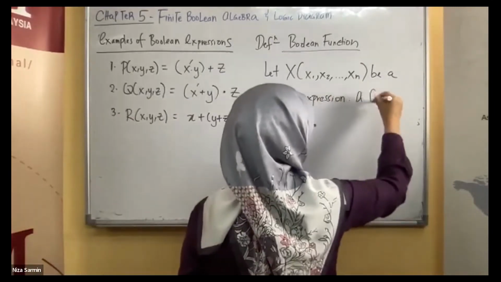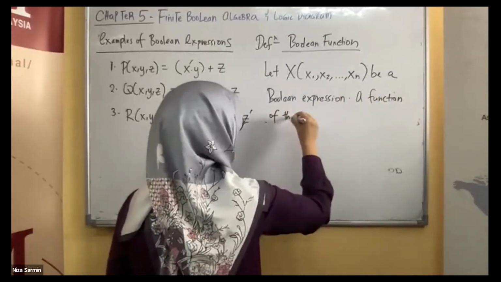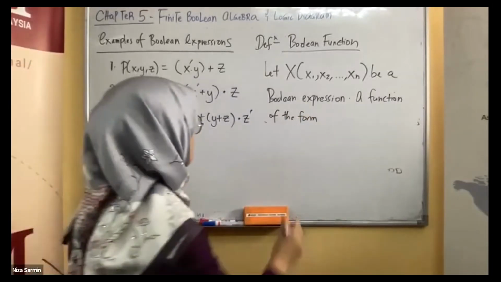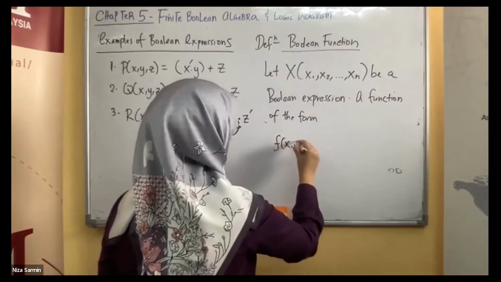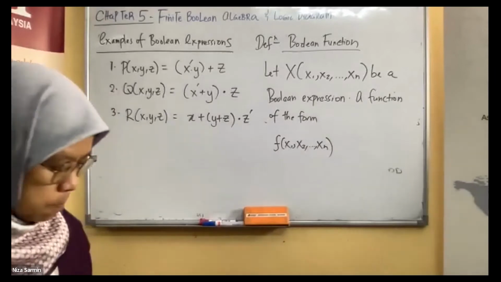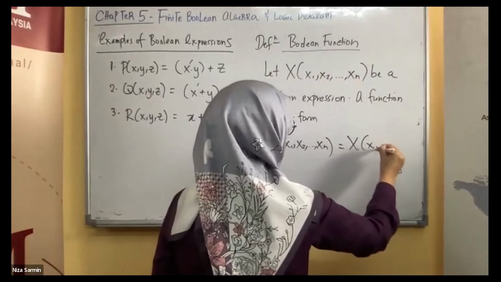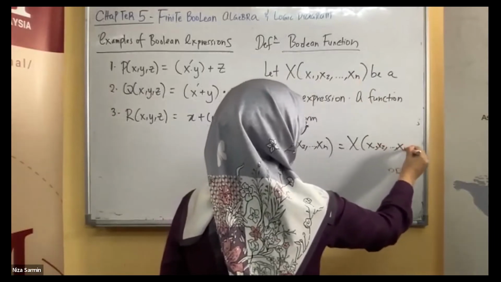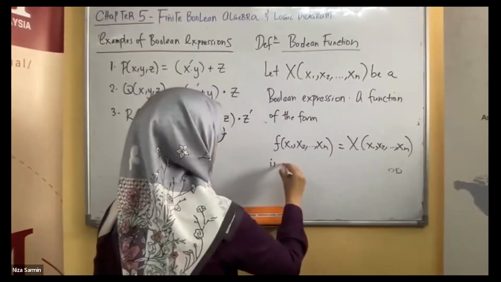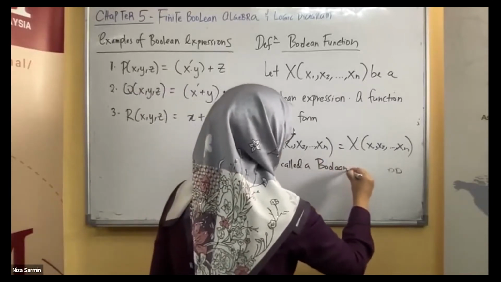A function of the form f of x1, x2 until xn, which is equal to this, is called a Boolean function.